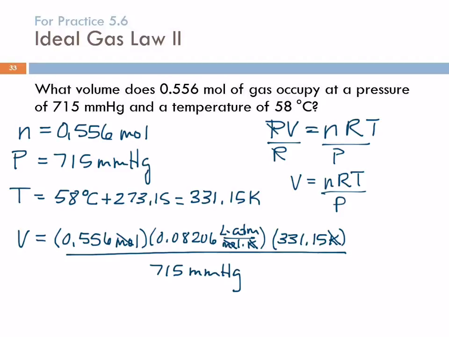So I'm going to go back up here. And I need atmospheres. I've got millimeters of mercury. This is one you should have memorized. 1 atmosphere is 760 millimeters of mercury. And that's exact. So 715 divided by 760.